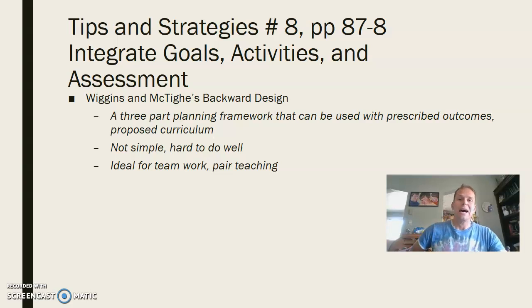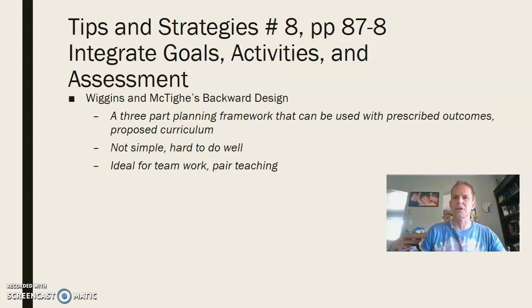So, it is a three-parter, so we'll be looking at the three parts. We'll be looking closely, and then I'll be looking at an example to show you how I might use it in my classroom. One of the reasons that I am interested in this is that it is a good fit with pair teaching, and that's something that I'm interested in.